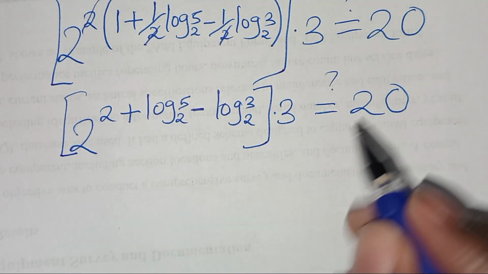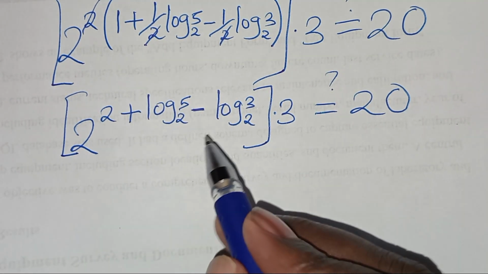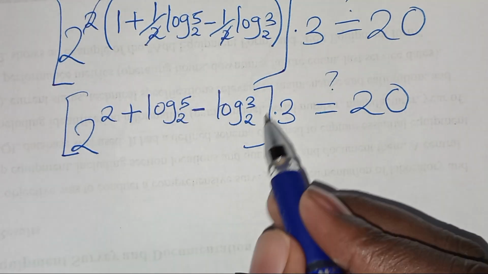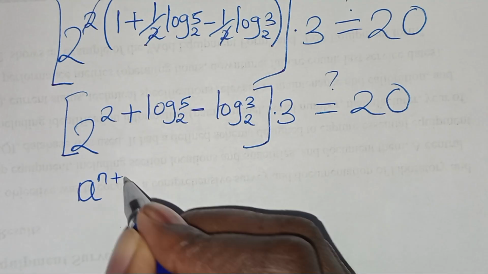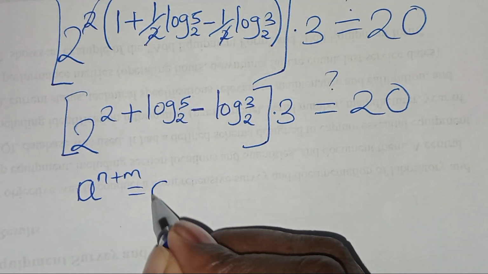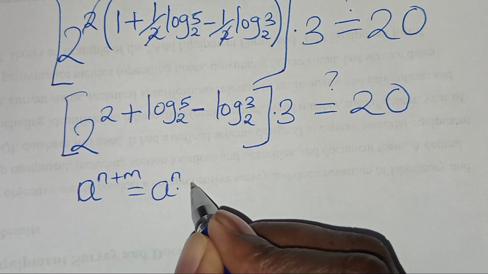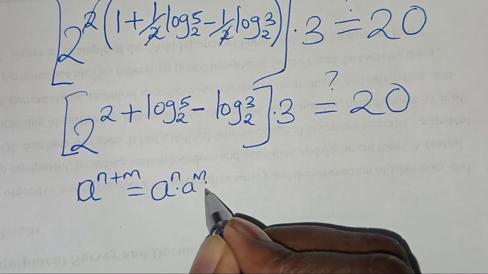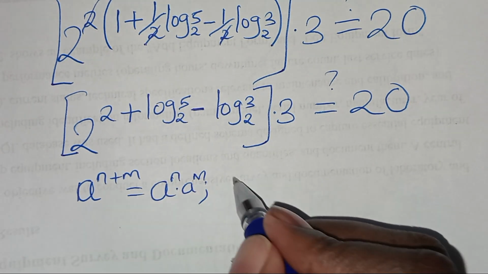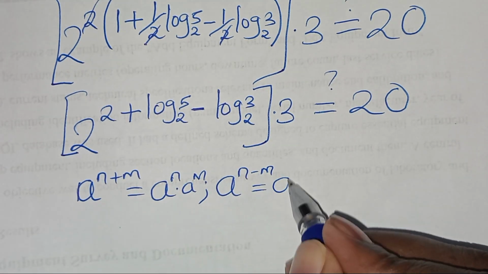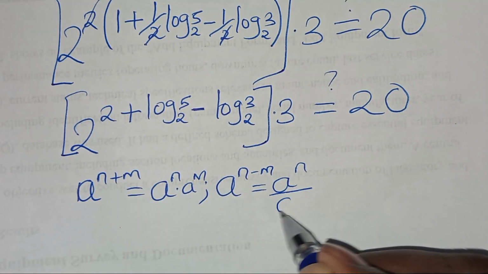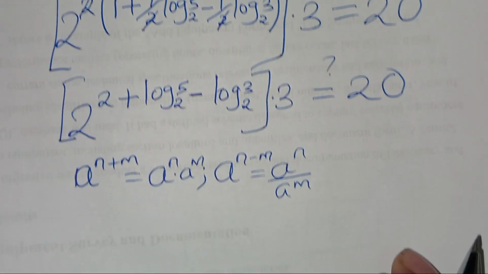The next step is that 2 to power 2 plus log 5 to base 2 minus log 3 to base 2 is in the form of a to power n plus m, which we can express as a to power n times a to power m. And also this is in the form of a to power n subtract m, which we can express as a to power n over a to power m.